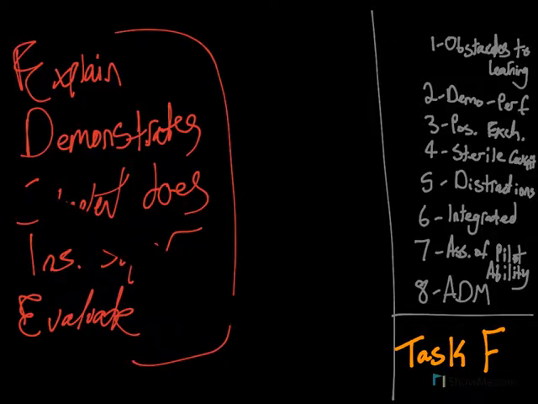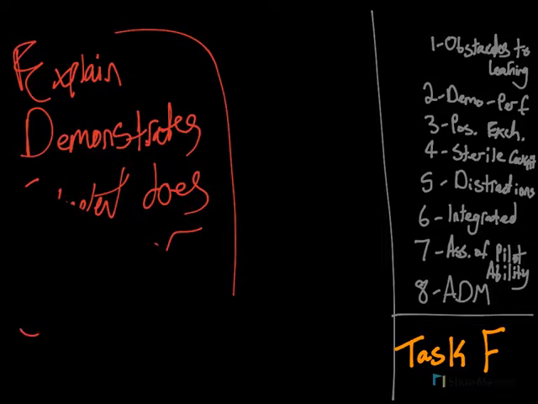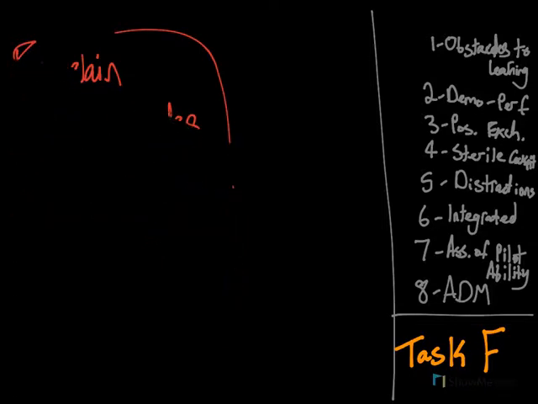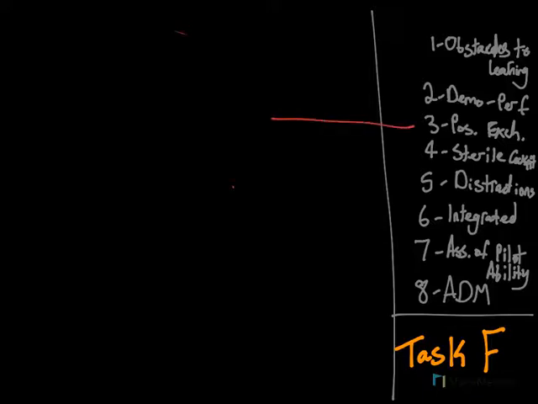So, in this demonstration performance method, we'll note that we see that the instructor does and the student does. When this happens, we have to exchange the controls from one set of hands to the next. And to do this, we use what we call a positive exchange of controls. So a positive exchange of controls is a 3-step process.